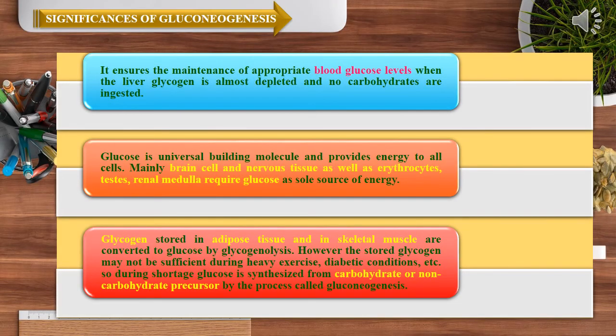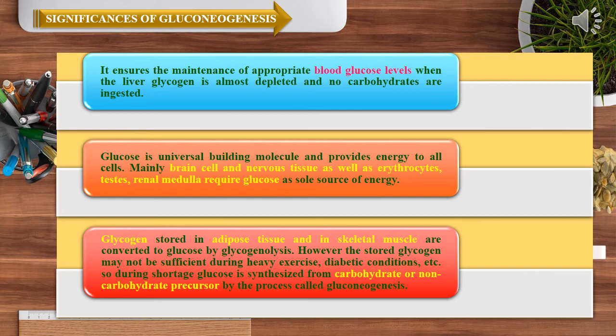What are the significances of gluconeogenesis? The pathway ensures maintenance of appropriate blood glucose levels when liver glycogen is almost depleted and no carbohydrates are ingested. Glucose is a universal building molecule and provides energy to all cells, mainly brain cells and nervous tissue, while erythrocytes, testes and renal medulla require glucose as their sole source of energy.